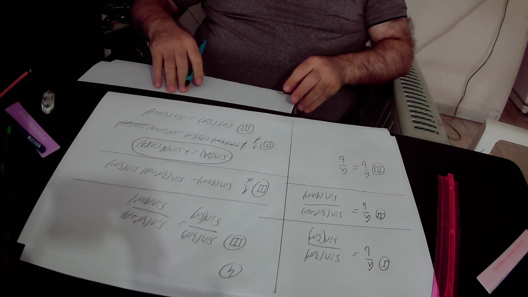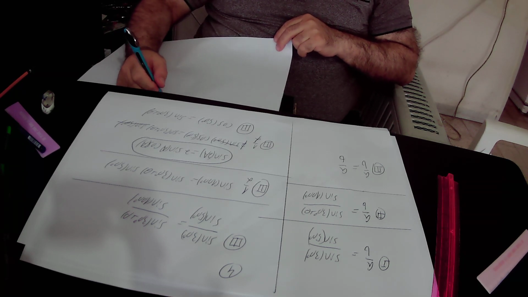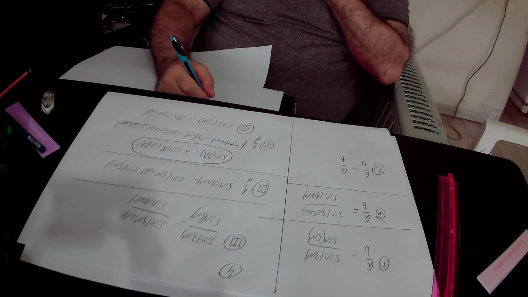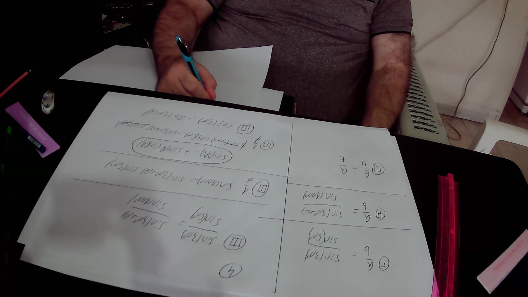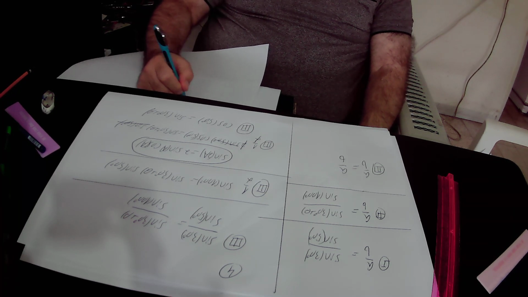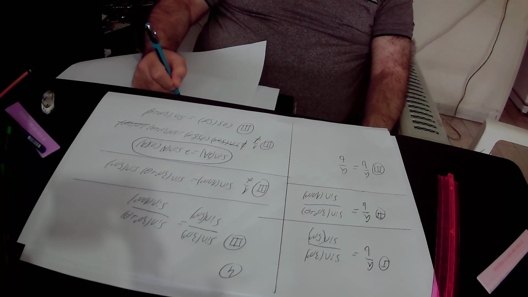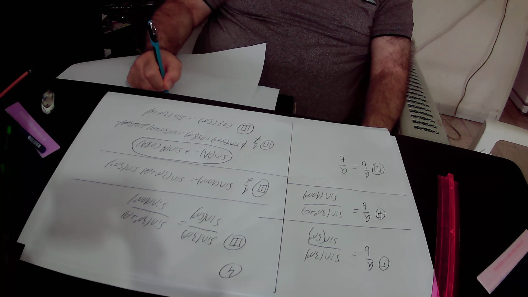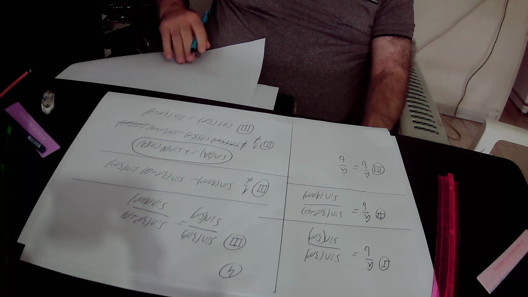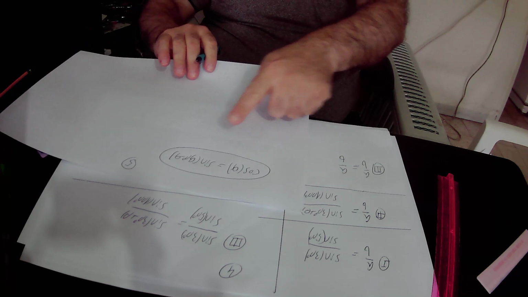In the next step we will use the trigonometric identity that states that cosine alpha equals sine 90 degrees minus alpha.